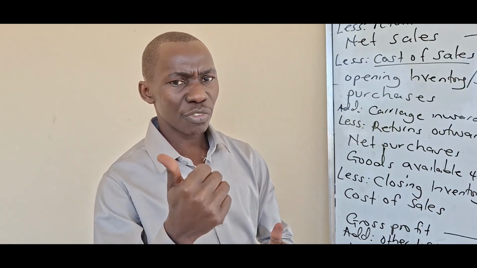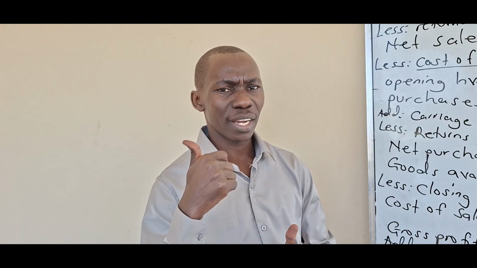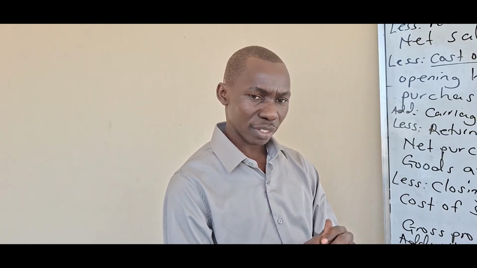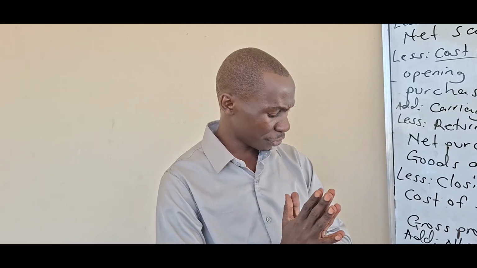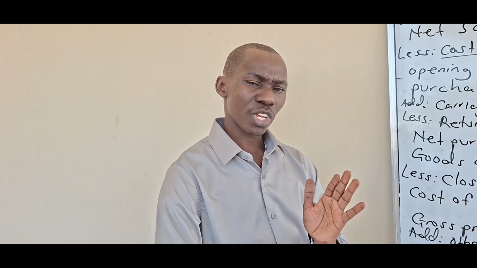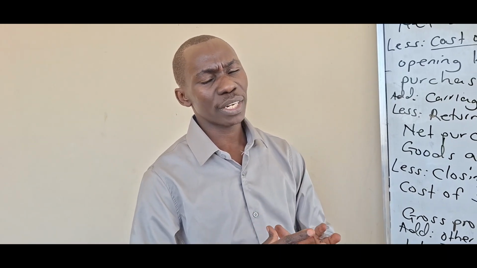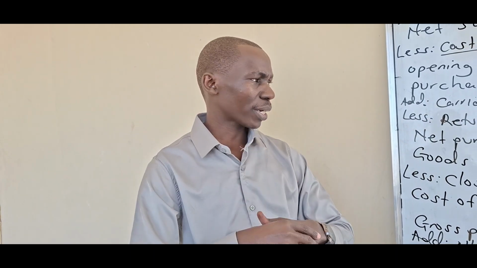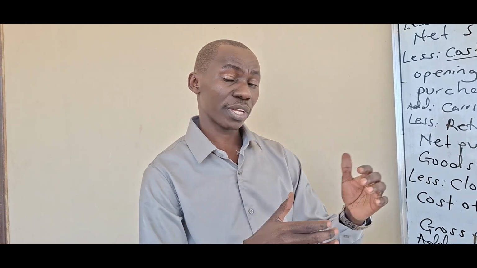Don't forget, if you have been provided with things like interest paid, maybe taxes, the moment you reach that part for operating profit, what do you do? You subtract the tax so that you can get profit after tax. But we shall be looking at such numbers as we look at different questions for income statement.